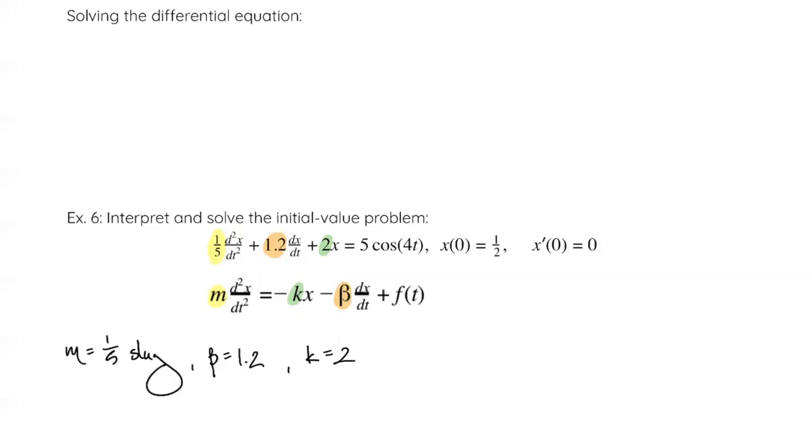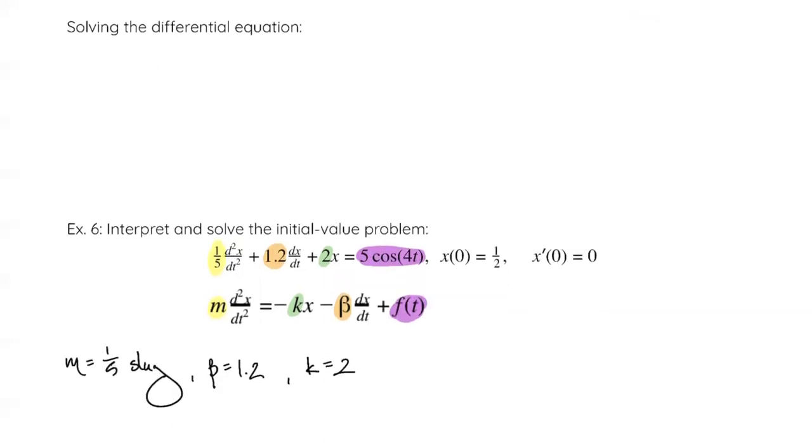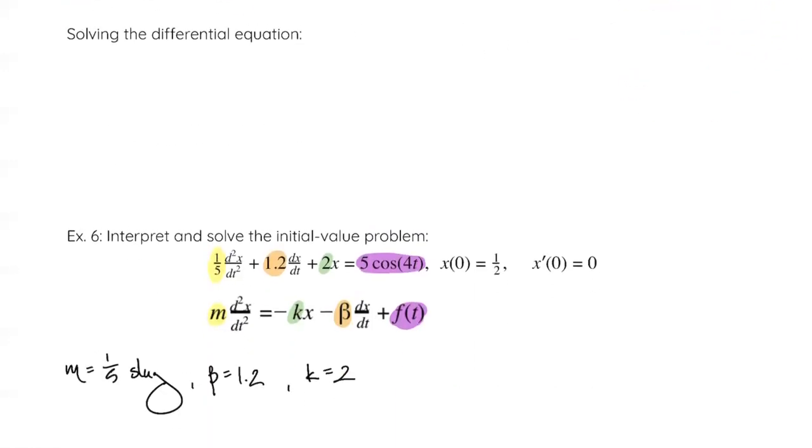Now, last but not least, we have this whole big equation on the other side. This corresponds to our f of t, and that tells us about our driving force. It is like an active force being applied to the system, almost making it move with this relationship. So this is our driving force.